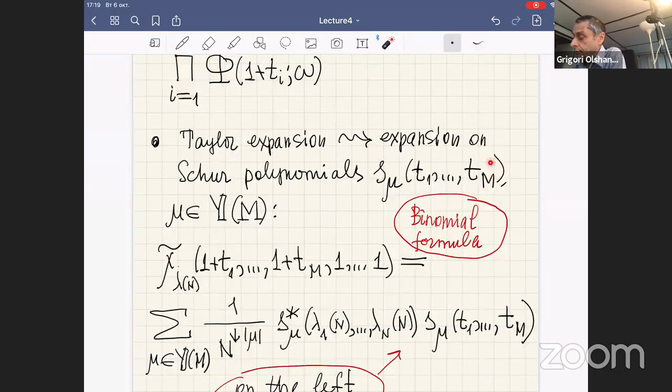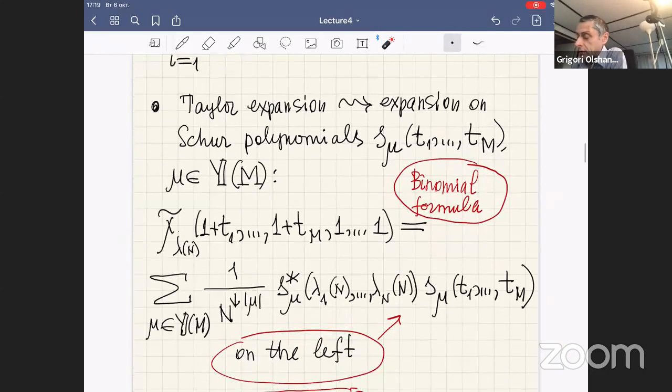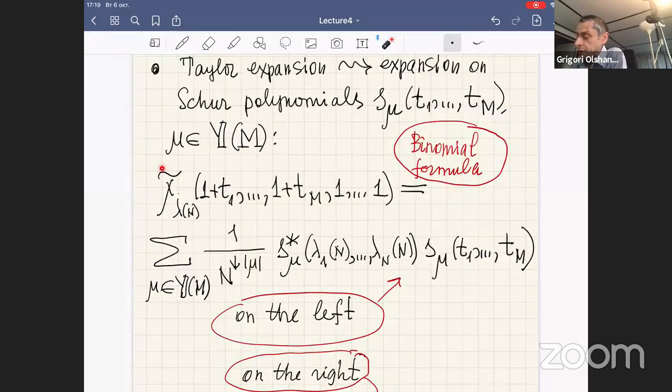I recall these are the Schur polynomials. So we want to write this as a series in Schur polynomials. And I recall that we know how to do this. This is our binomial formula. It says that on the left, the part related to the normalized characters has such a form.